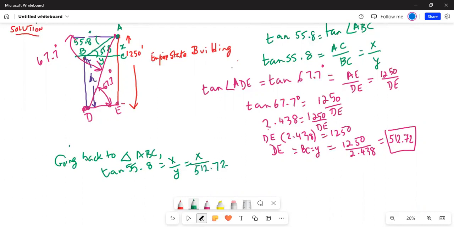Now, from your TI-84 calculator, tangent of 55.8 is equal to 1.471. So 1.471 is equal to x over 512.72.